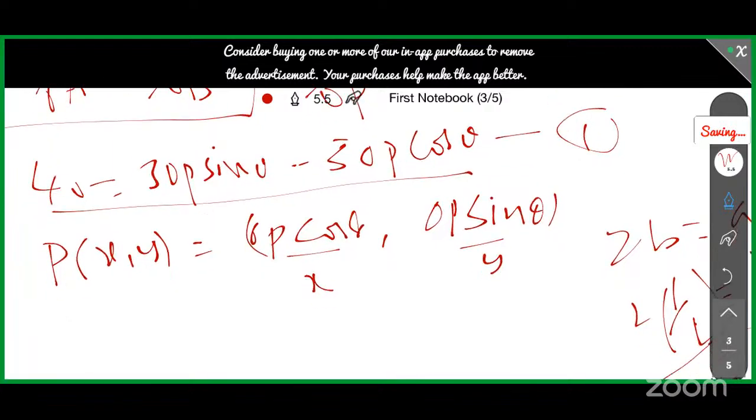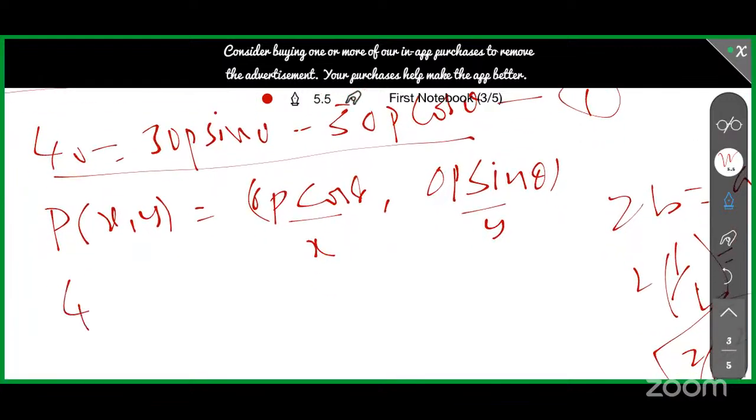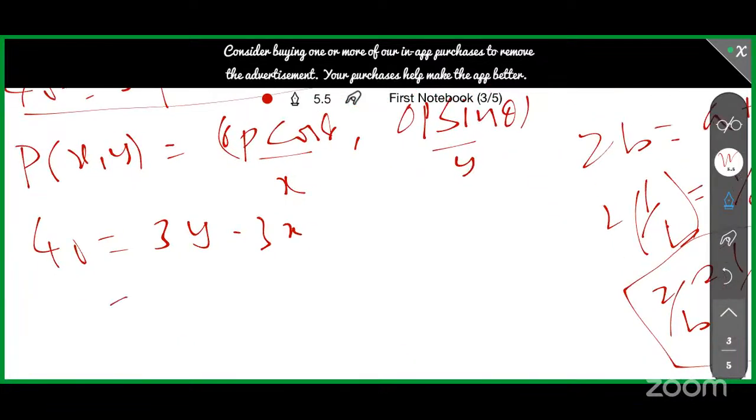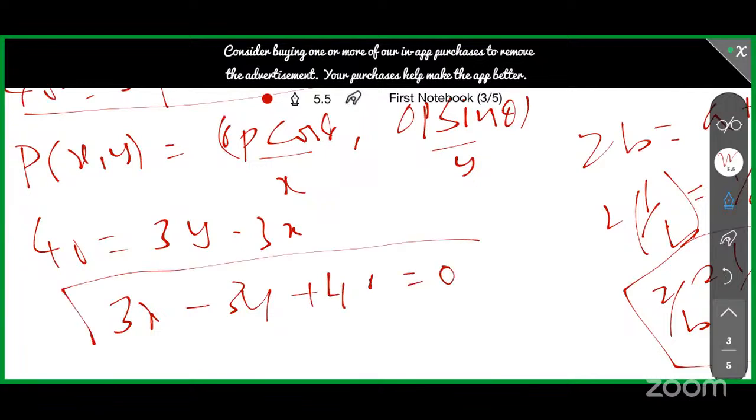If you substitute and rearrange all these things, it becomes 3x minus 3y plus 40 is equal to 0. So this is the answer.